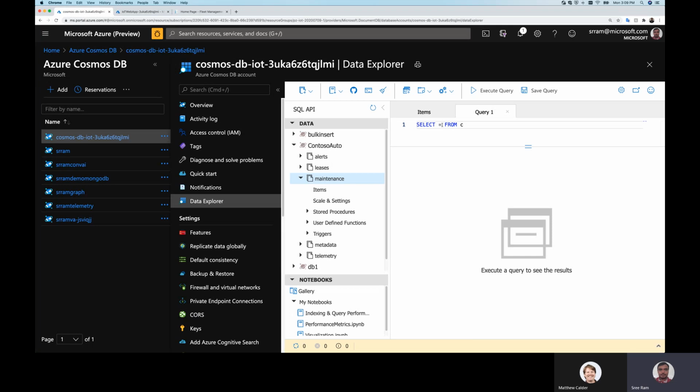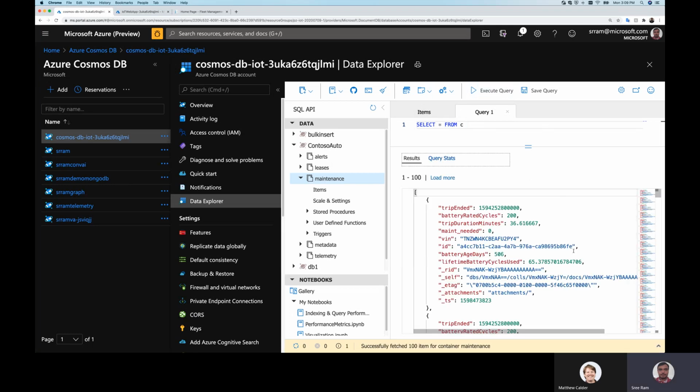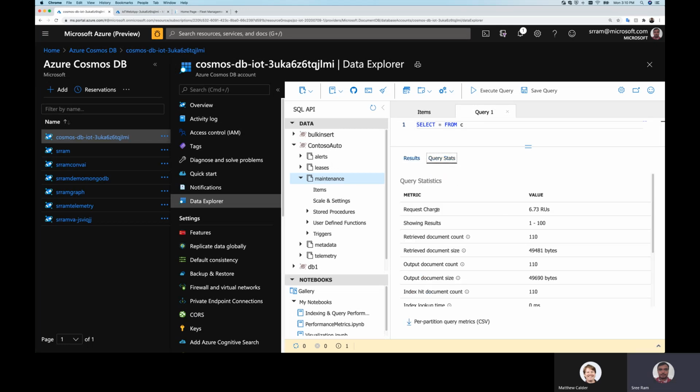For example, let me say, select star from c, and without providing any filters, let me execute this query. And I got, let's say, 100 items on this page. And let me see the query stats. As you can see, the request charge is 6.73 RUs.